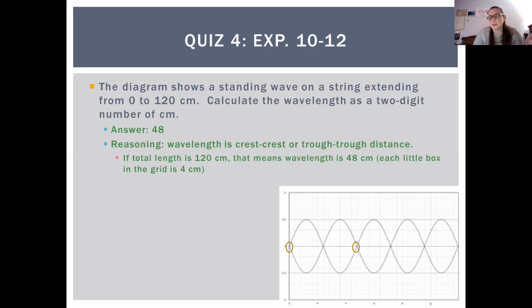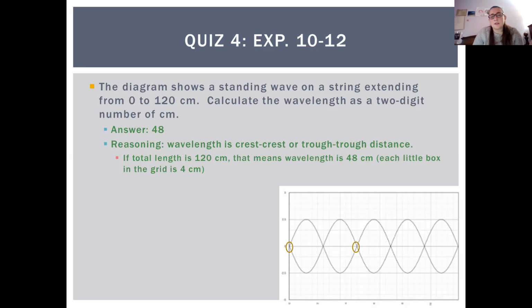Like this is 10, it should be 100. This is 12, it should be 120. And so that means that each of these little tiny boxes, they're very faint, but each grid line is 4 centimeters. So remember, wavelength is like your crest to crest distance or your trough to trough, same point on one wave to the same point on the next wave.